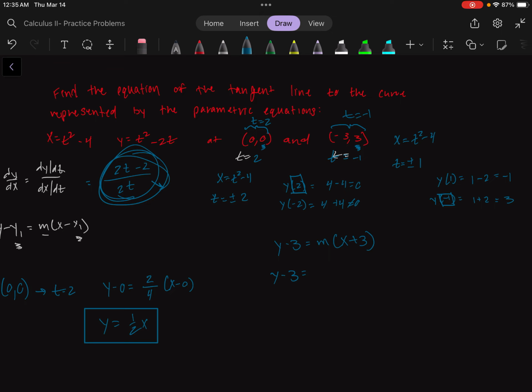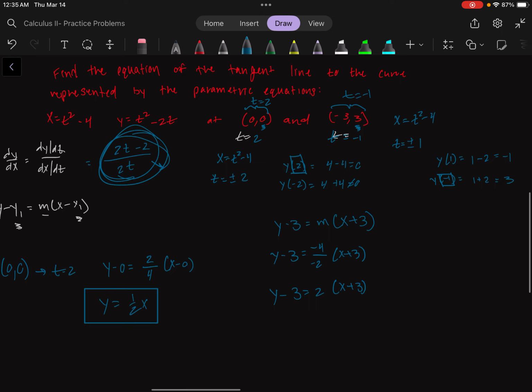We're going to get a negative 2 minus 2 on top and a negative 2 on the bottom. So we have y minus 3 equals 2 times x plus 3. And we can leave it like that.